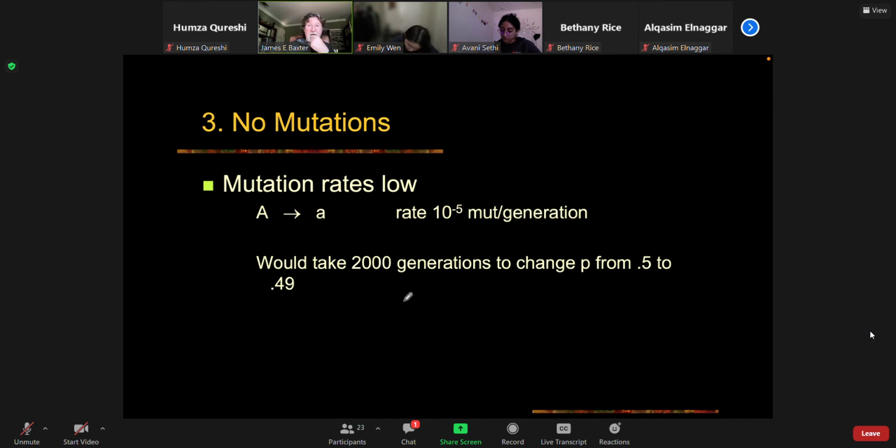That's a very minor contribution. So as far as being a major force in changing allele frequencies and throwing things out of Hardy-Weinberg equilibrium, it's not significant. However, it is significant in making new alleles.